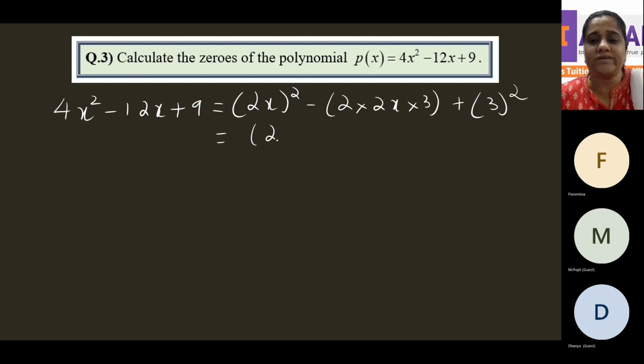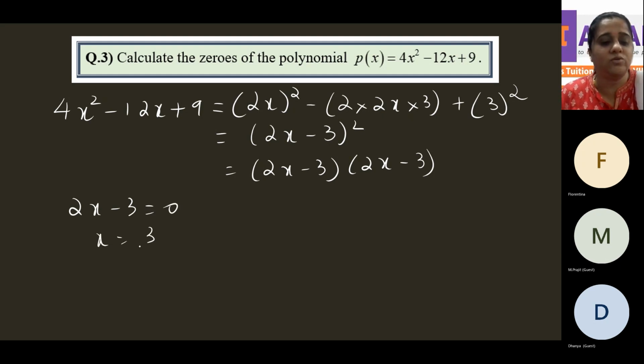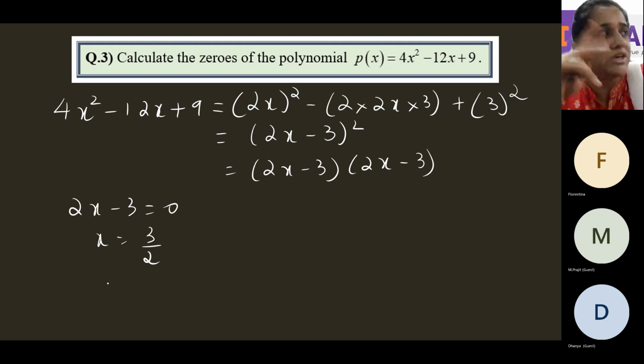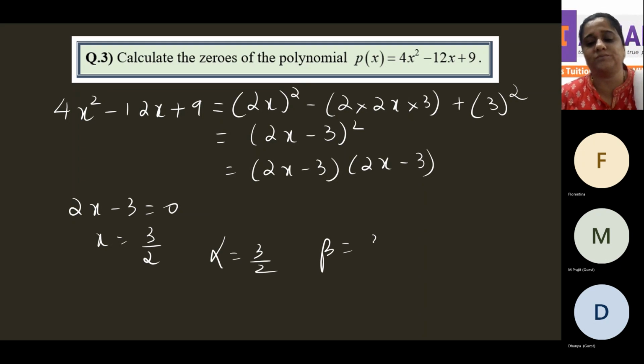So it is 2x minus 3 the whole square, or 2x minus 3 into 2x minus 3 using the identity. So 2x minus 3 is equal to 0. x is equal to 3/2. So this polynomial has two equal zeros. So alpha is 3/2. Beta is also 3/2.